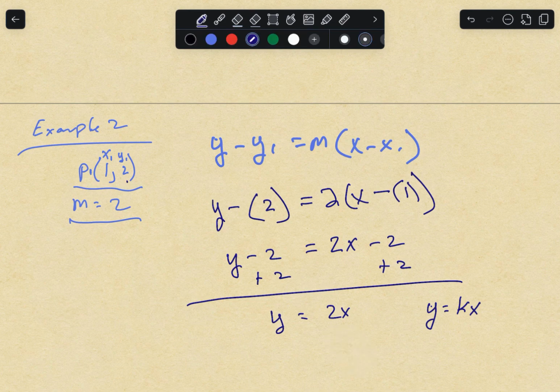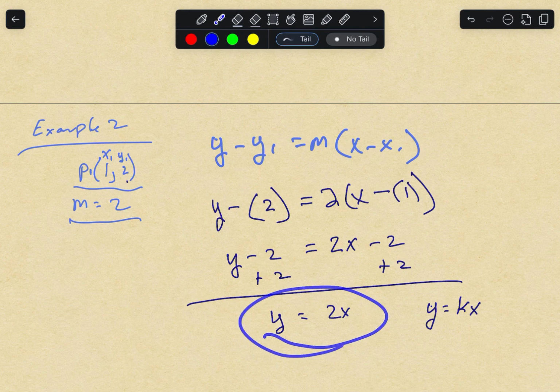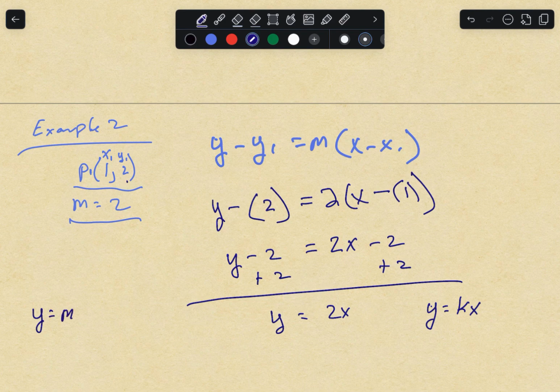That's slope-intercept form. So let me ask you a question. If this is in slope-intercept form, and slope-intercept form is y equals mx plus b, what's the b? Anybody know?